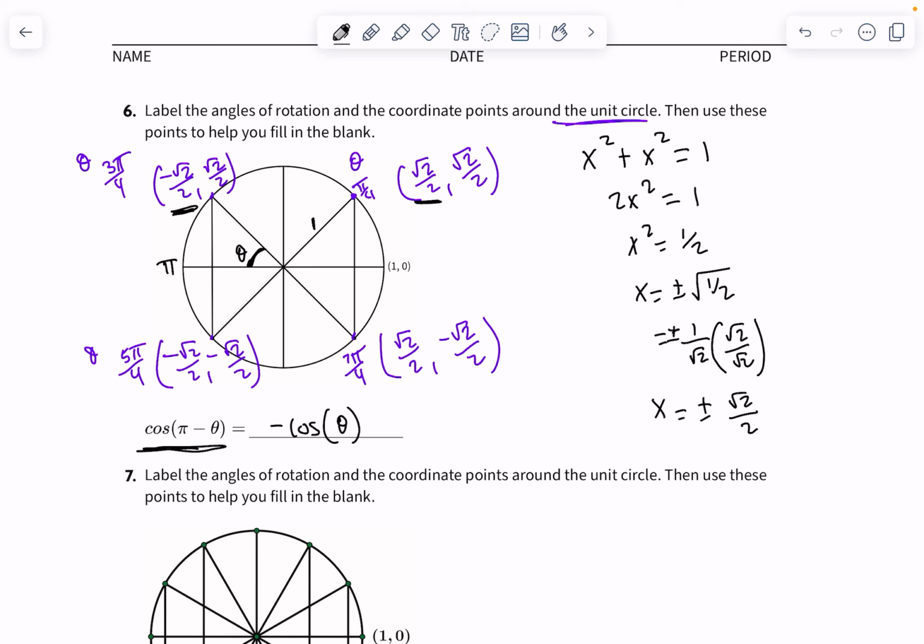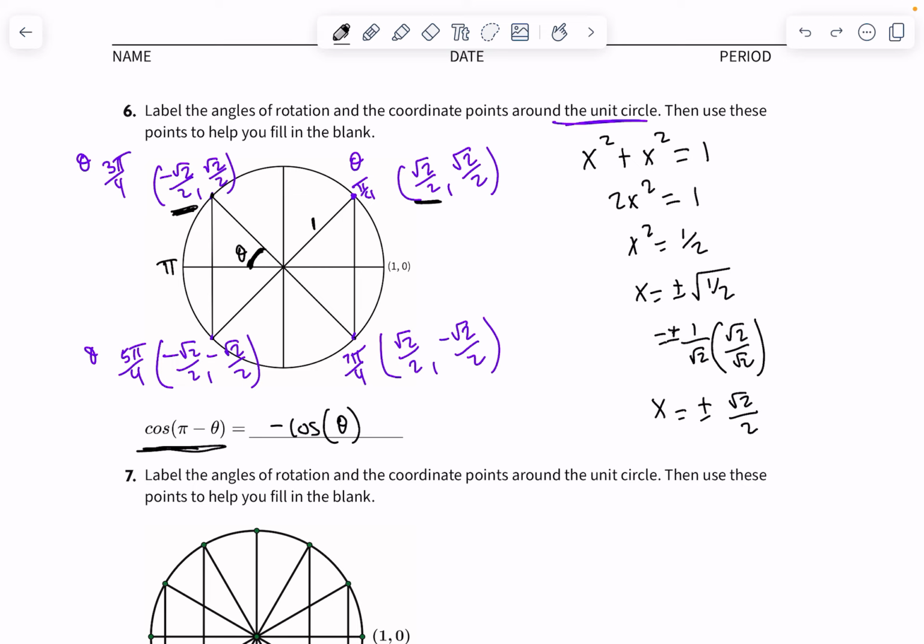Because what I'm telling you now is that with pi minus theta, you're going to be in this quadrant 2. So if we were to use this, we know that this is going to be negative square root 2 over 2. So we can even write that, but I'm going to keep it more general. And then we know that right across in quadrant 1, it's just a positive version of this, right?